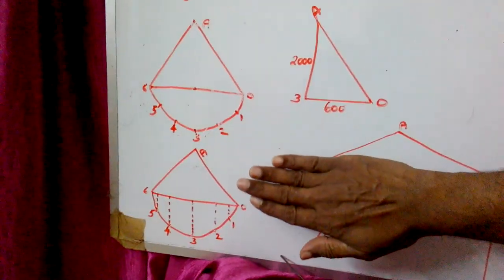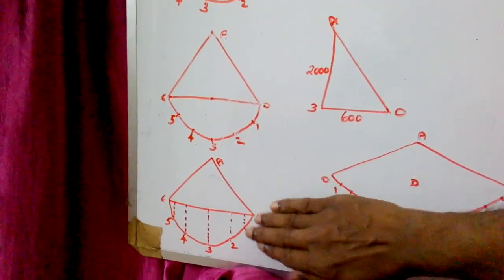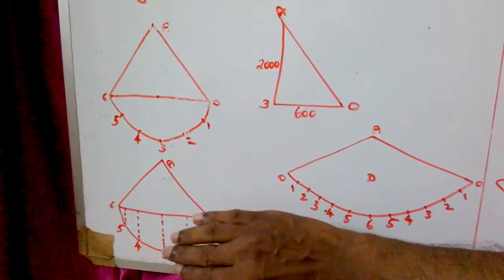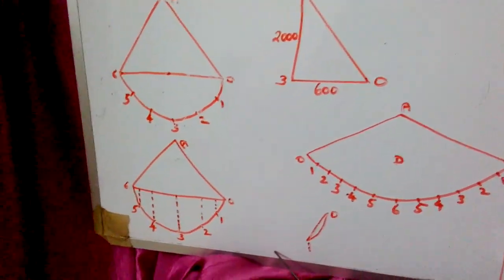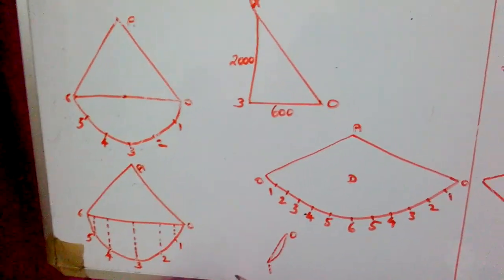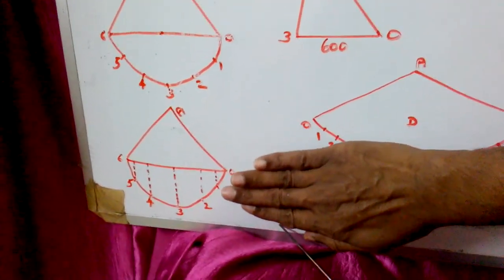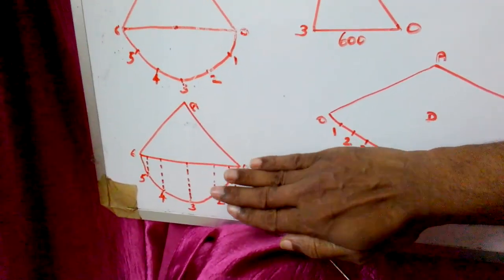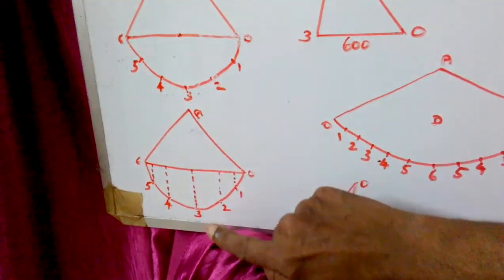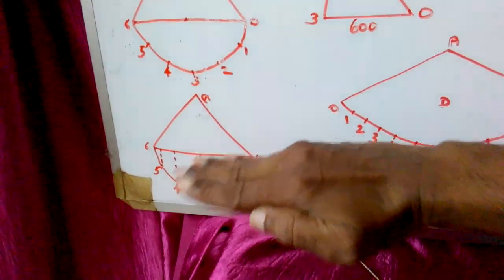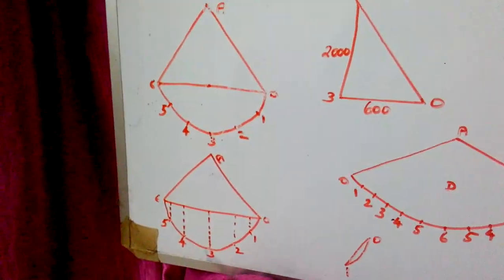When we turn this half round to 90 degrees, in this drawing it is visible as vertical, but actually it is in horizontal position. When we turn it, this half round portion will be turned like this. It means 3 will be turned to here. It will become parallel to this line.